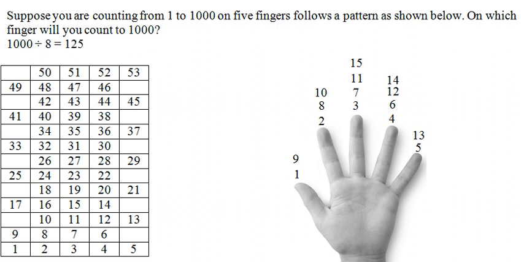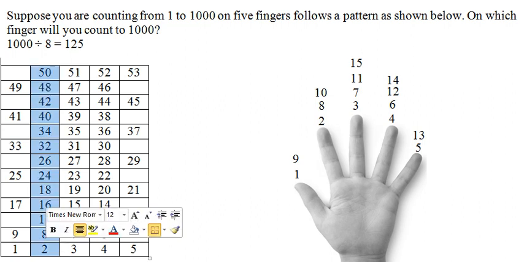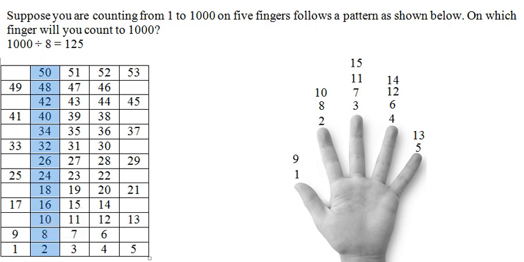So 1000 is a multiple of 8, and the multiples of 8 will definitely appear in this sequence because it follows the pattern 8, plus 8 is 16, plus 8 is 24, plus 8 is 32. So all the multiples of 8 will appear on this finger. So the answer is: the number 1000 will appear on the index finger, the second finger, the one starting with 2.